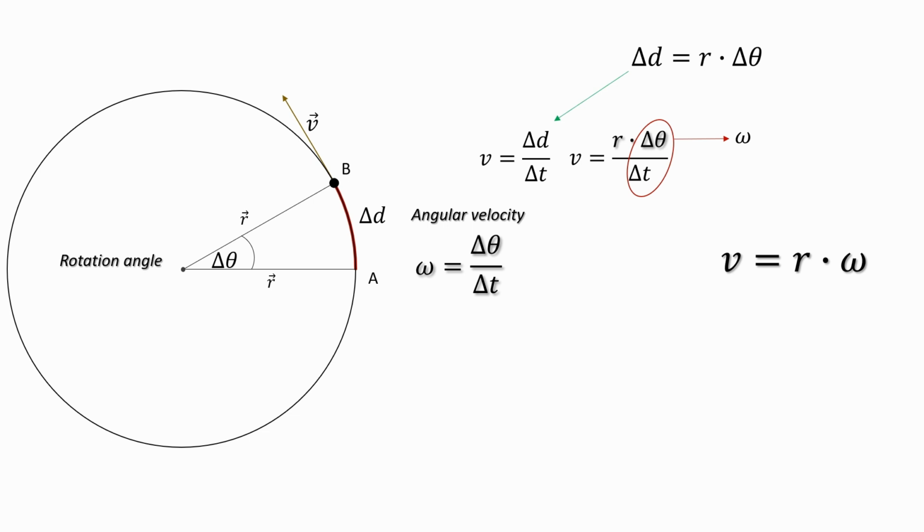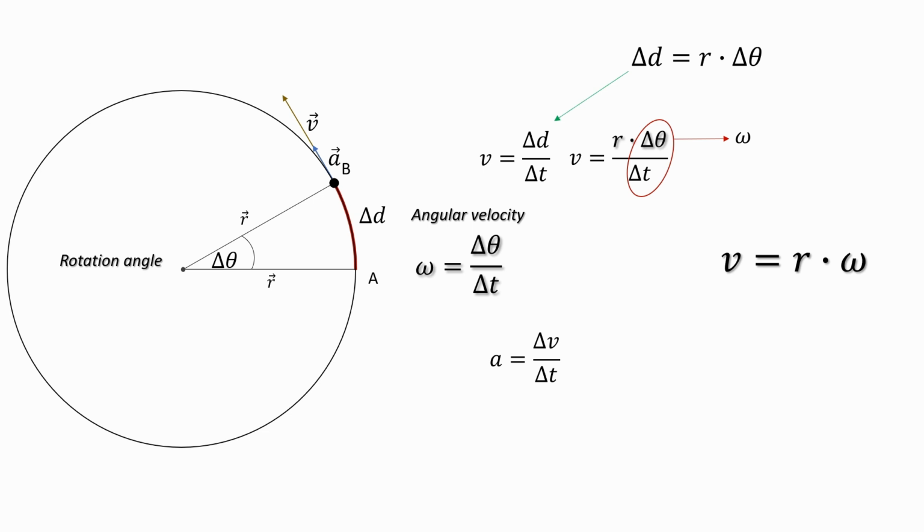Acceleration can also be described in terms suitable for circular motion. The acceleration being discussed is defined as the change in tangential velocity magnitude per unit of time, delta v over delta t. It aligns with the tangential velocity and is known as tangential acceleration.